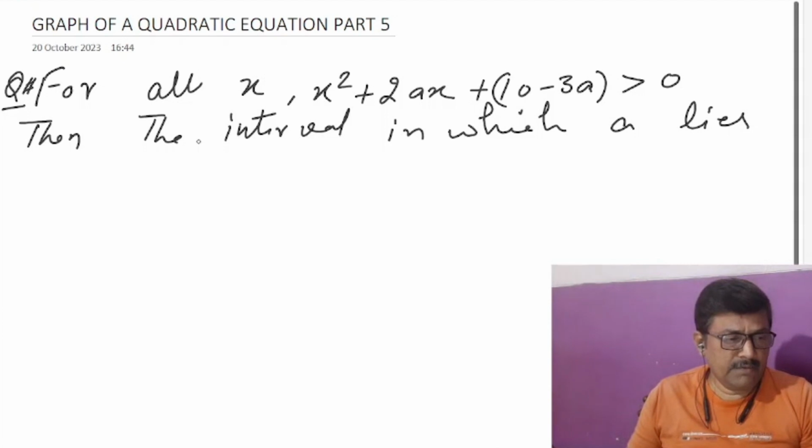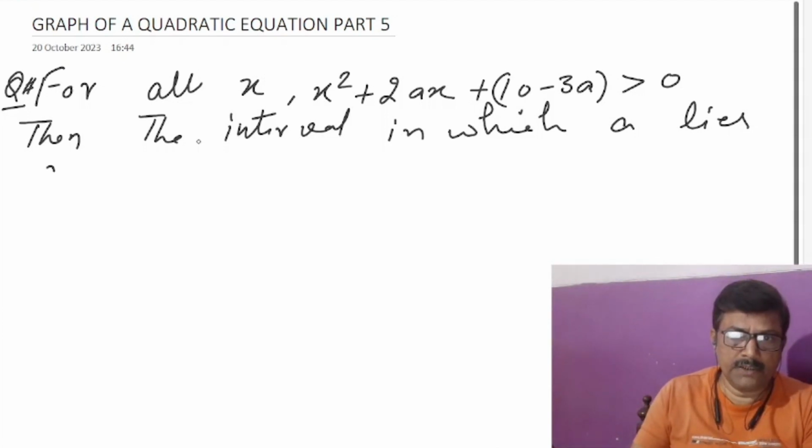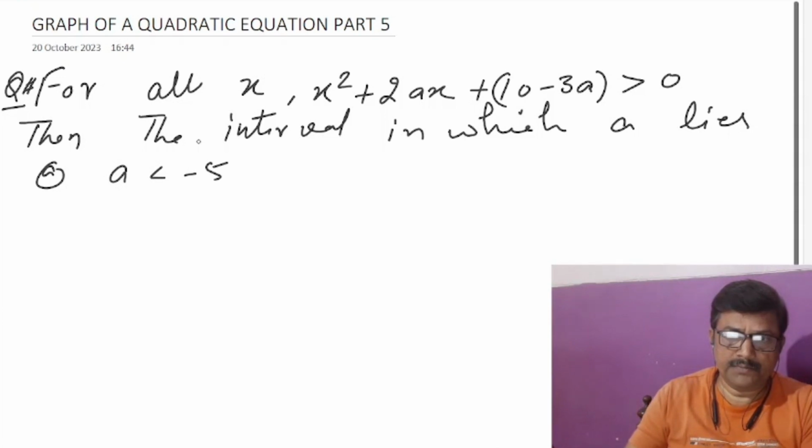Four options are given. First option is a less than minus 5. Second option is a greater than minus 5 and less than 2.